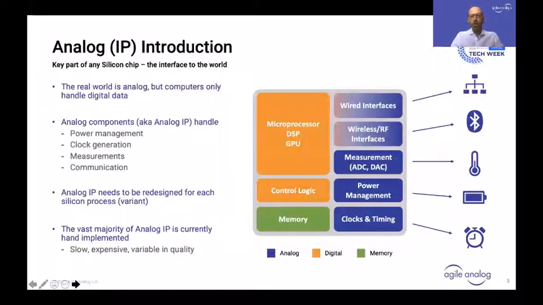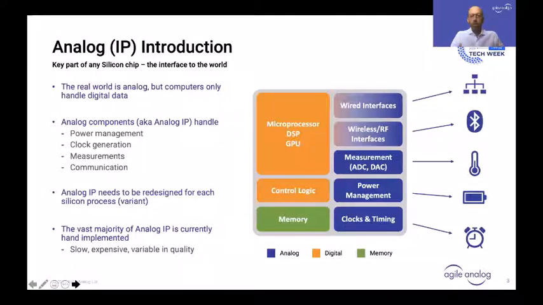So over here on the right, you can see a typical SoC, where you have a microprocessor or DSP or GPU, which is all digital, together with some digital control logic and some memory. Then you also have a number of analog components, and these are the main classifications of analog and analog IP, right? So you have power management.